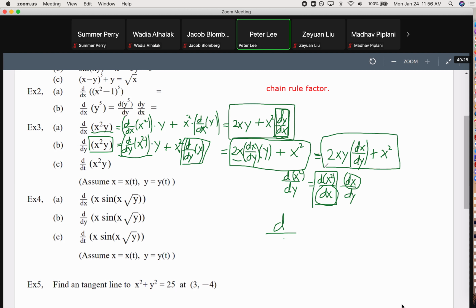And of course, example 3, part B is not the same as part A. They are different problems with different answers. They're kind of related, so something looks similar, but they're not the same. If you multiply part A's whole thing by dx over dy, then you actually get part B's answer.